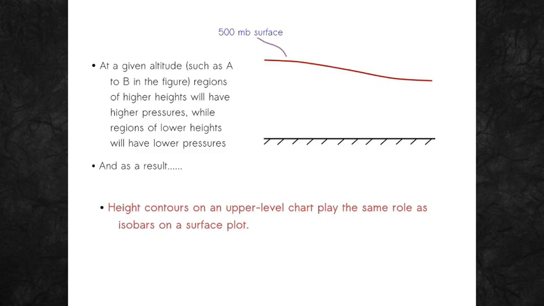So I need to do that at the same height above sea level. So let's draw in a contour with a given height above sea level. So here's a little line that shows fixed height above sea level. And I'm going to label it A on one side and B on the other, just to make it easy for reference.